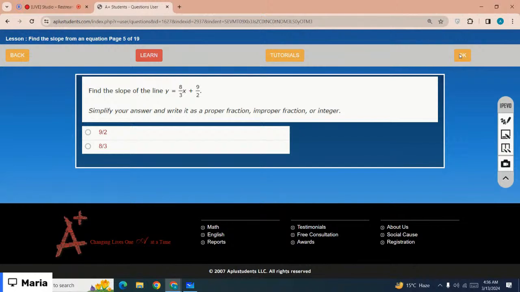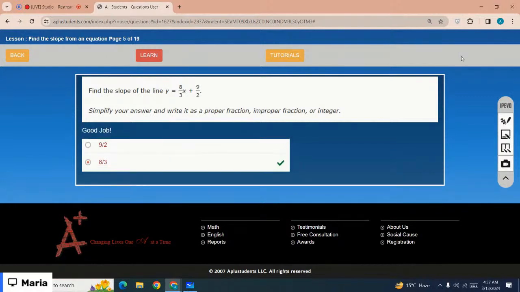Yes, the correct option is 8 over 3. The slope is 8 by 3. The second one is the correct option, right? The one with the variable x is the slope, right?